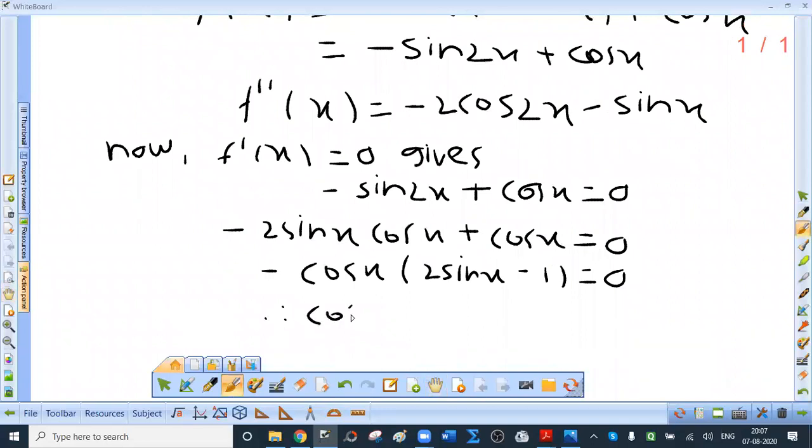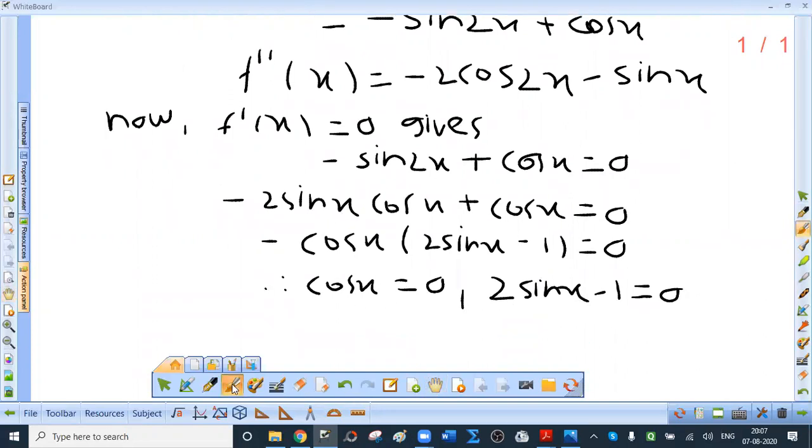Therefore, cos x equal to 0 or 2 sin x minus 1 equal to 0. That is cos x equal to 0 or sin x is nothing but 1 by 2.